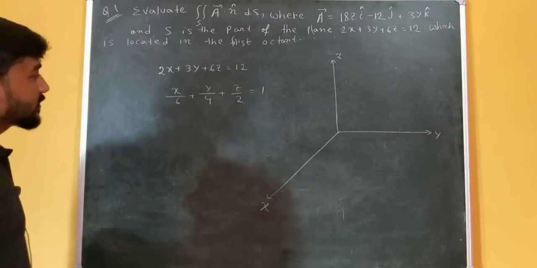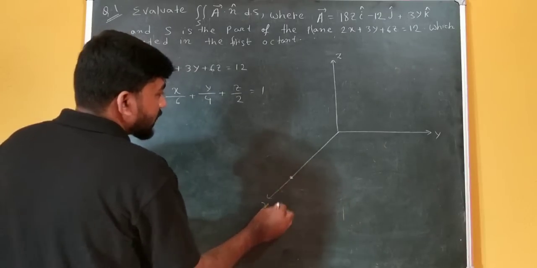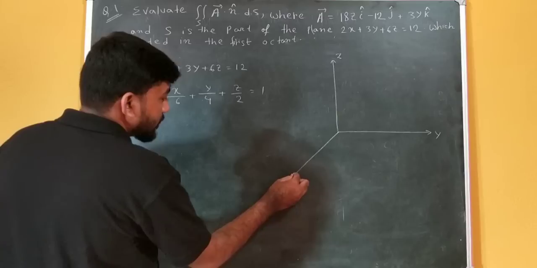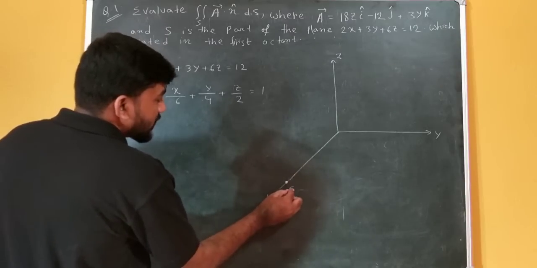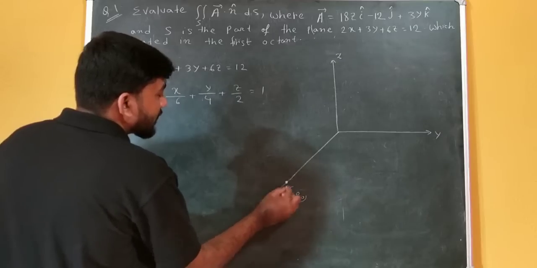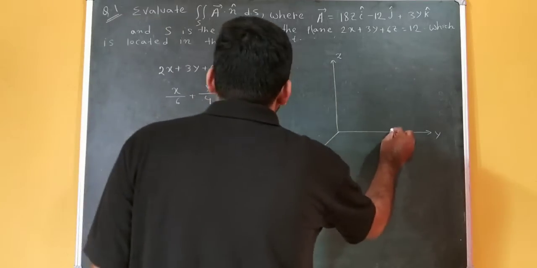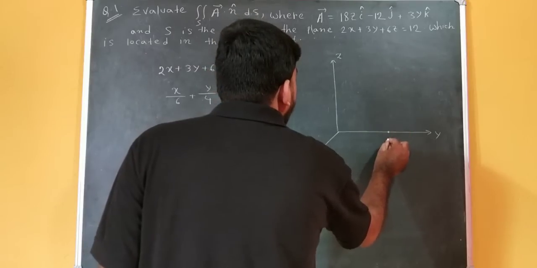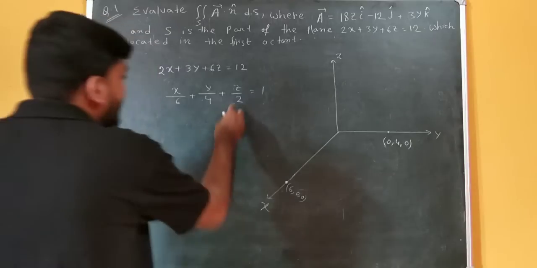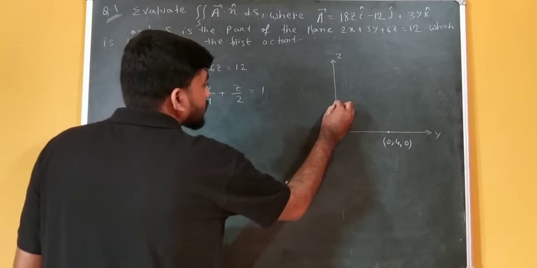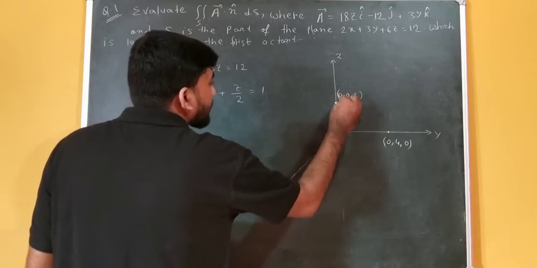So on the x axis the plane will cut at the point 6, comma 0, comma 0, on the y axis at 0, comma 4, comma 0, and on the z axis at 0, comma 0, comma 2.